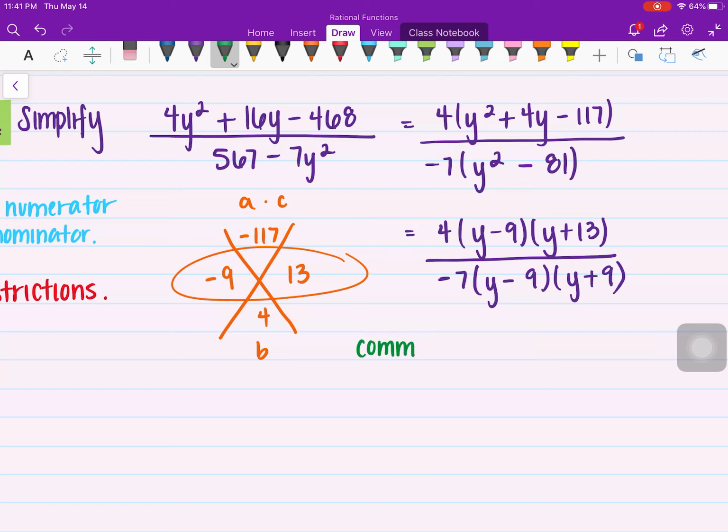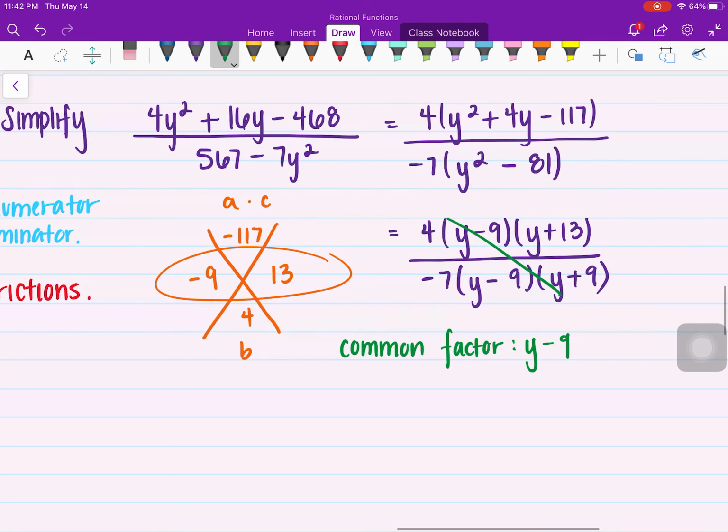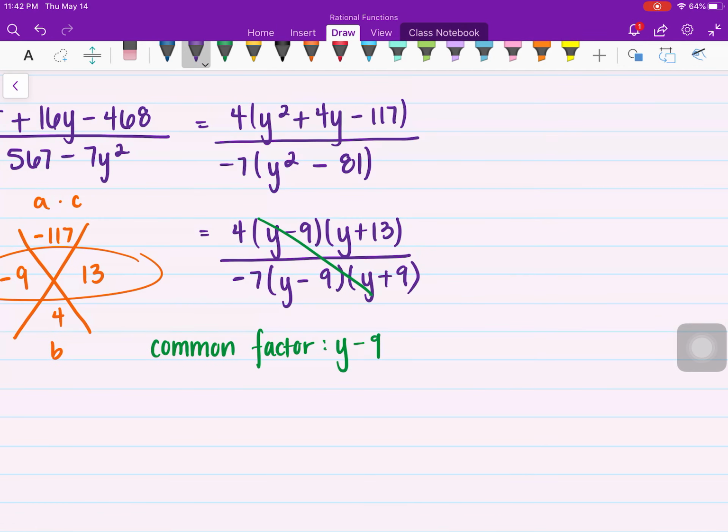Our common factor in this case would be y minus 9, sorry, which means that these would be canceling. Let's go ahead and cancel them again. There you go. And so we're left with 4 times y plus 13 over negative 7 times y plus 9.